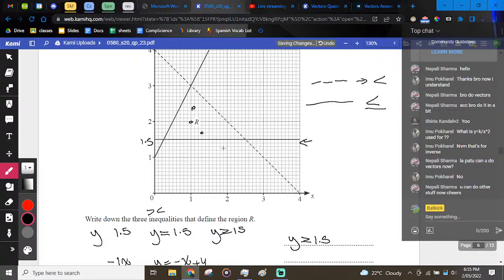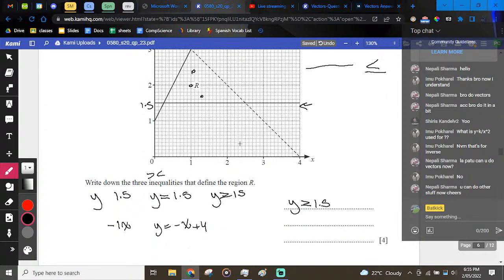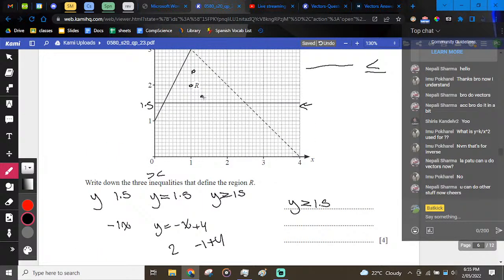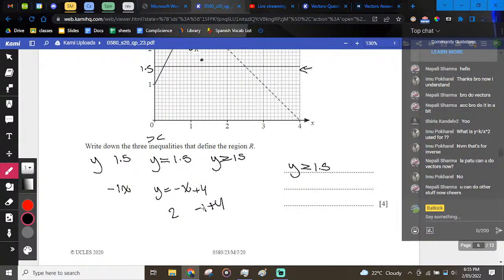Is R less, is y minus 1 plus 4? Which one is greater? See, I got the y value, I got the x value here. Here, let's see. Yeah, there. Which one is greater?